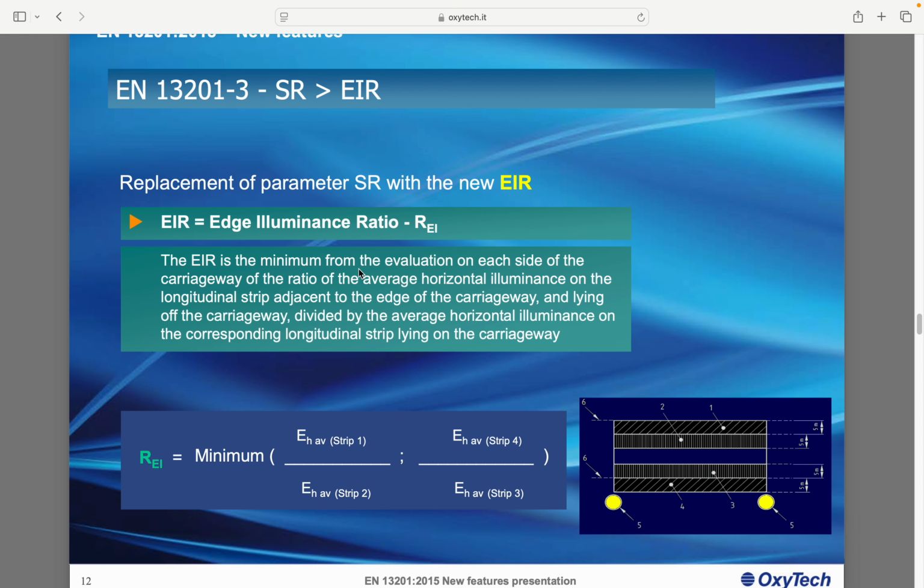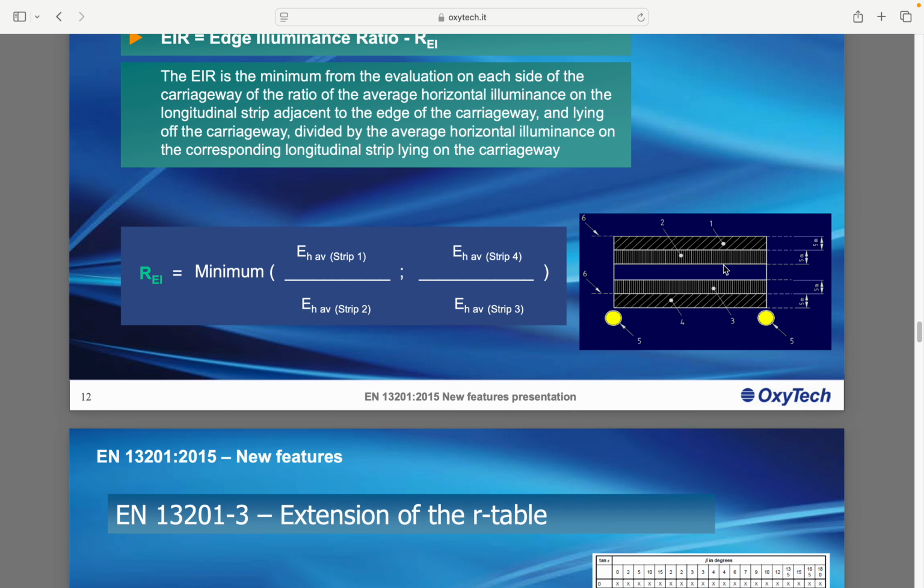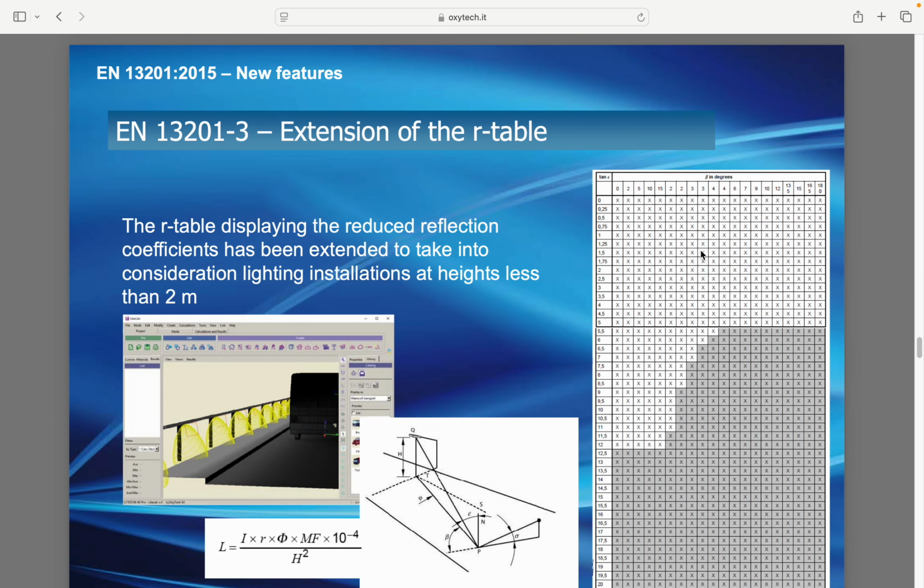Here we have the minimum from the evaluation on each side of the carriageway, as you see in the picture: on the horizontal elements, on the longitudinal strip adjacent to the edge of the carriageway and lying outside the carriageway, divided by the average horizontal illuminance on the corresponding longitudinal strip lying on the carriageway. So that's very, very important.